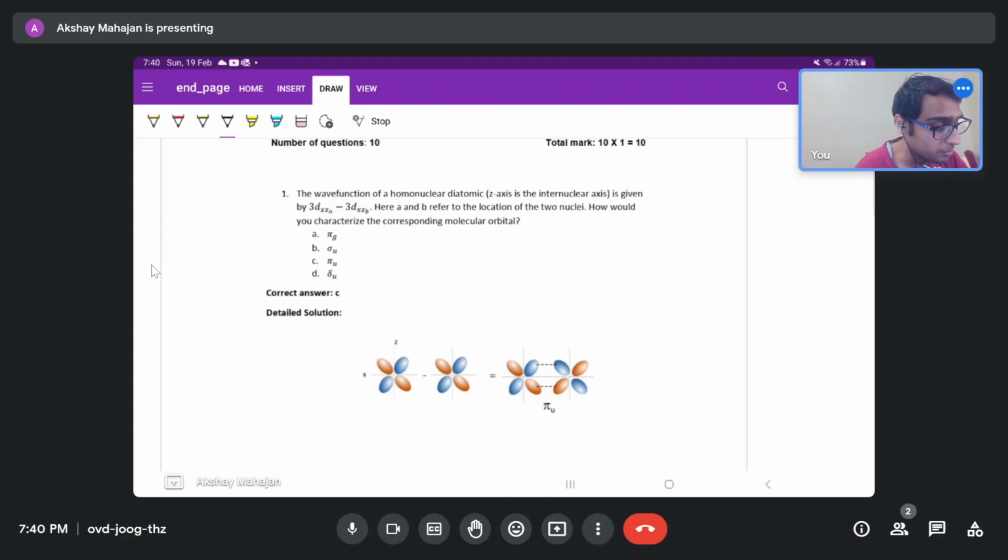Both of them have pi symmetry, so they will give a symmetric pi u orbital, as shown in this diagram.